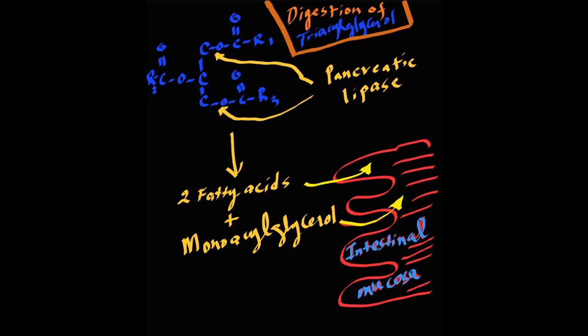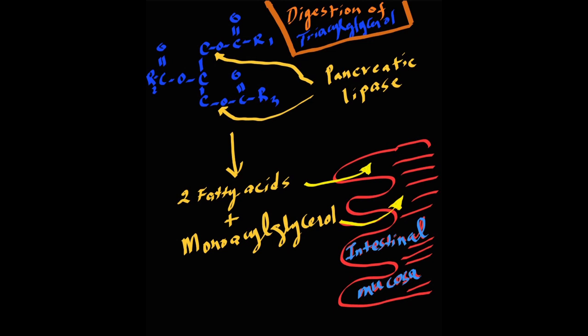The second digestive lipase is Phospholipase A2, and it's specific for the digestion of phospholipids to produce lysophospholipids and a fatty acid. Third type of lipase is cholesterol esterase, which is specific for breaking down cholesterol esters into cholesterol and a fatty acid.